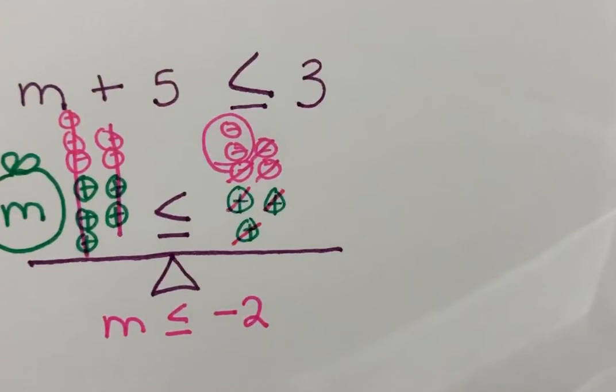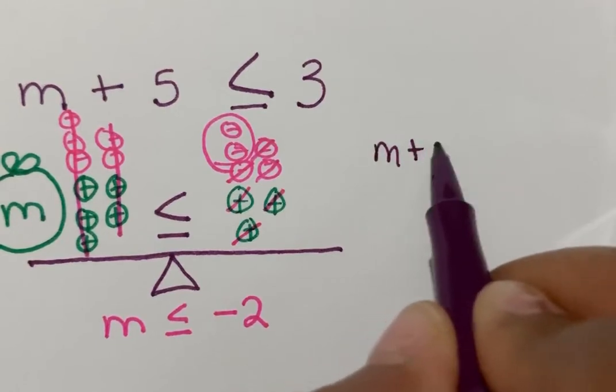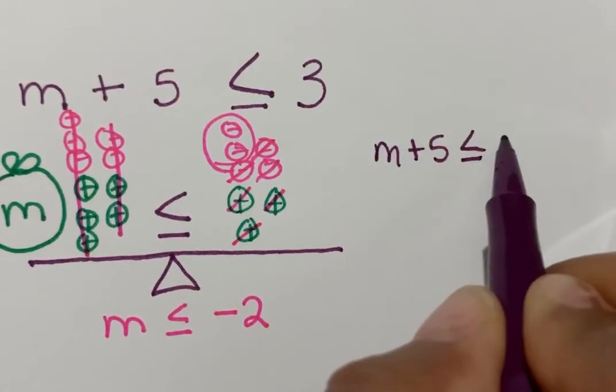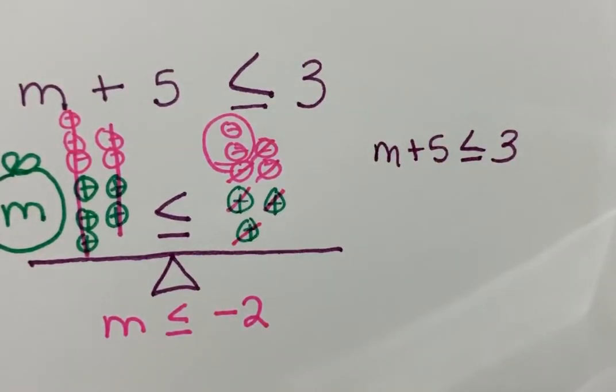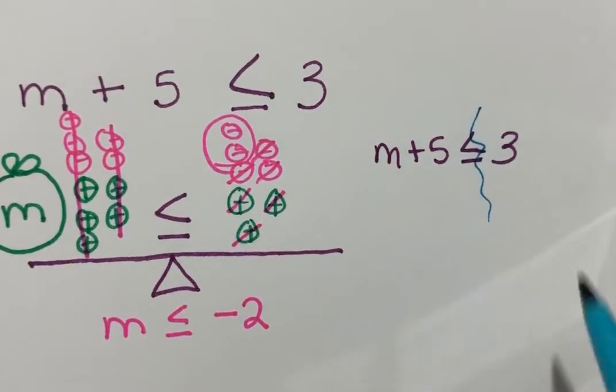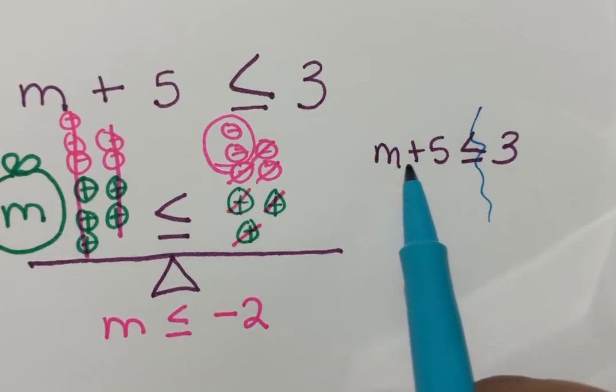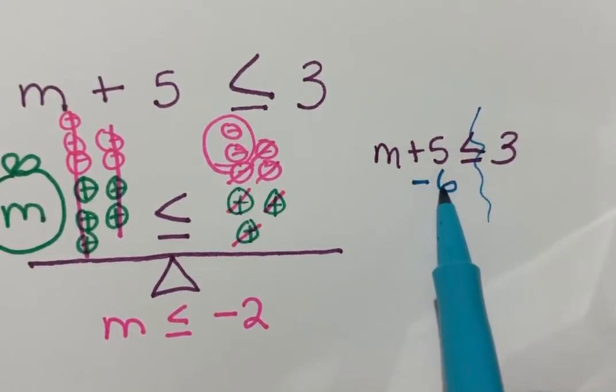When we're solving it algebraically, m plus 5 is less than or equal to 3. Then you follow the same guidelines as you would with the equations. Here I like to separate my sides. So m plus 5, to get rid of this 5, I'm going to take away 5.